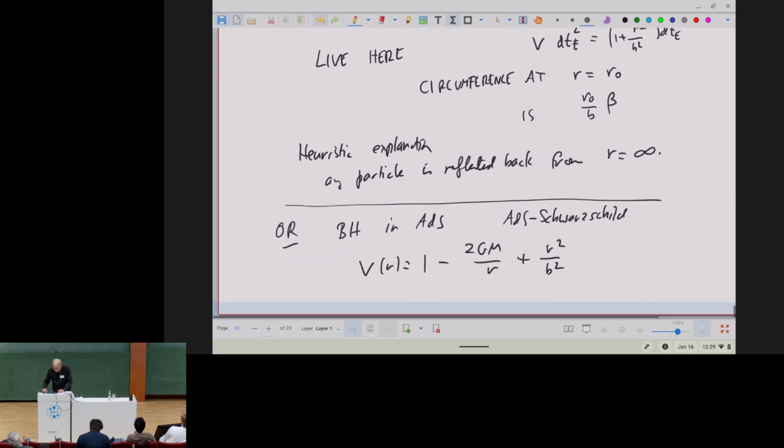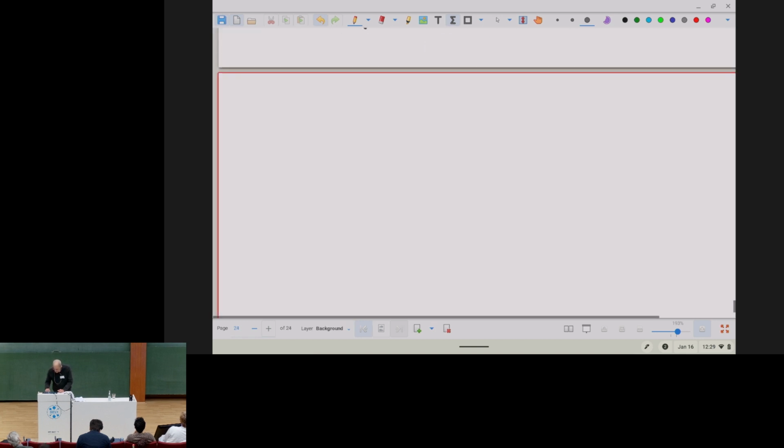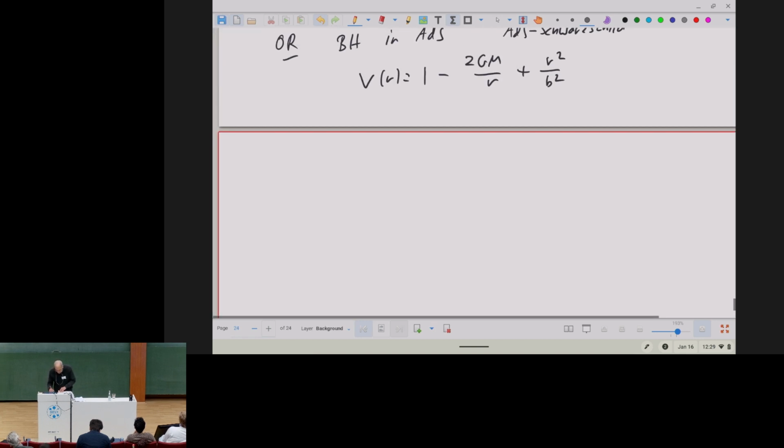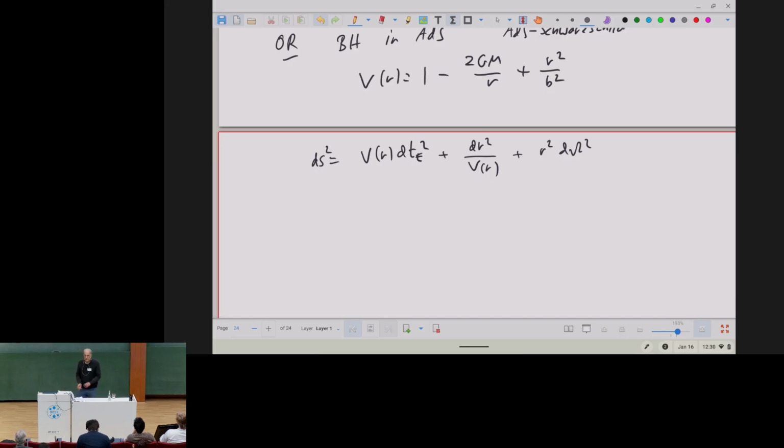Exactly the same formula, but with a different V, describes a black hole. So everything else is the same. I'll write it in Euclidean signature, but it works in either Euclidean or Lorentz signature. The same thing describes a black hole, but with a different function V.